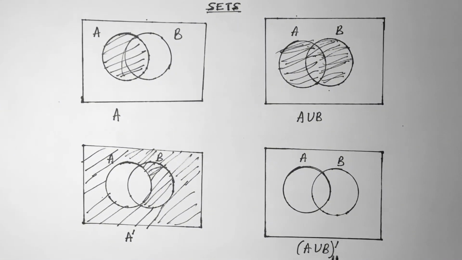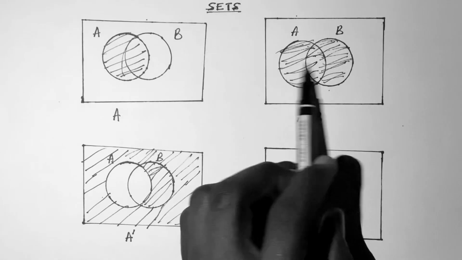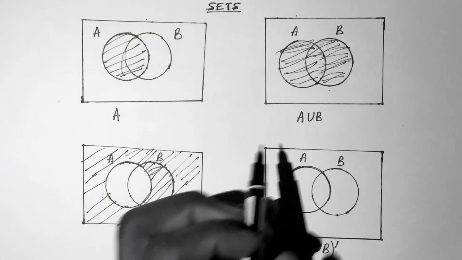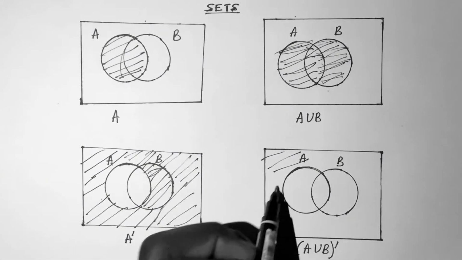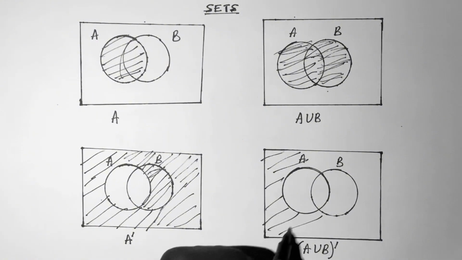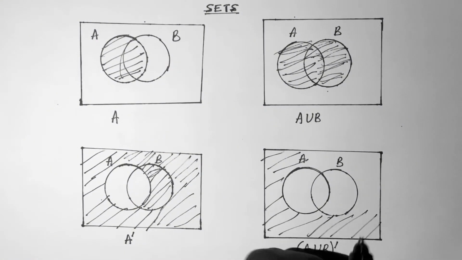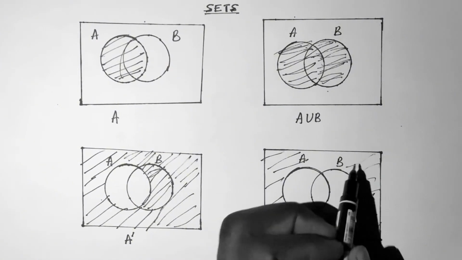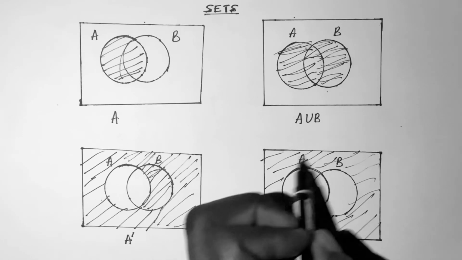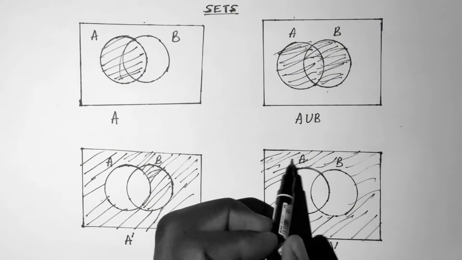It says A union B complement. So A union B complement is all the other region apart from A union B. So if this is A union B, then A union B complement is this outside region. So this is the region that represents A union B complement.